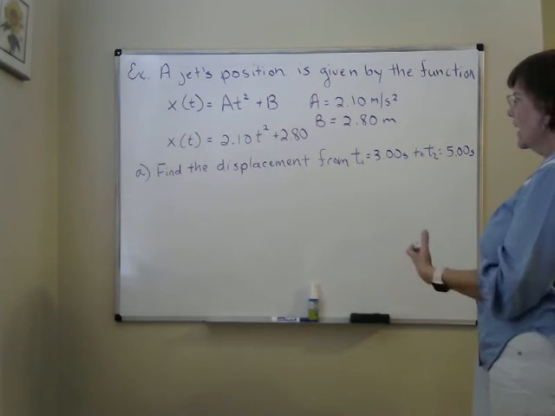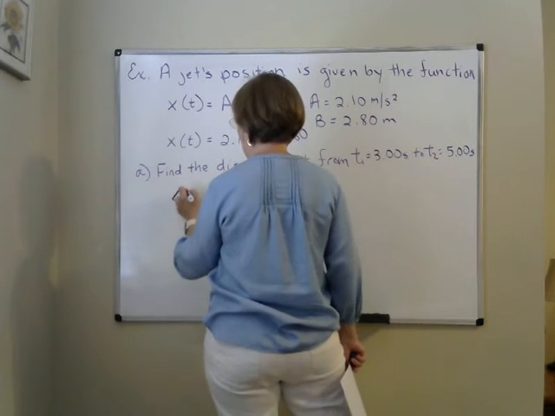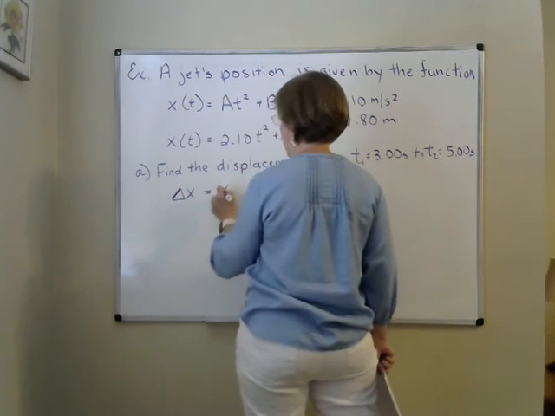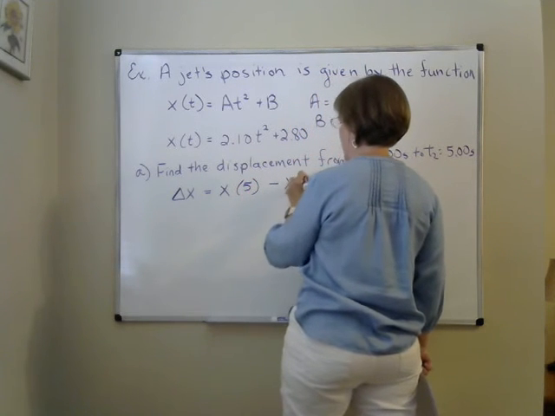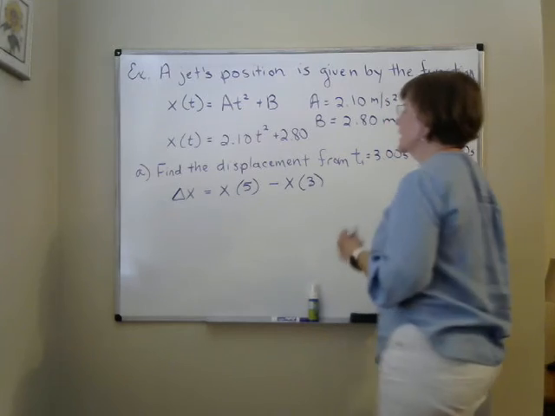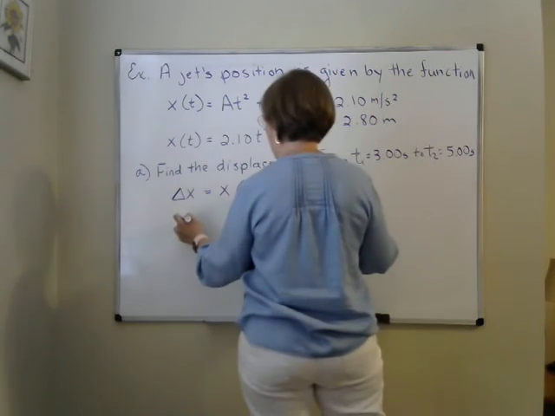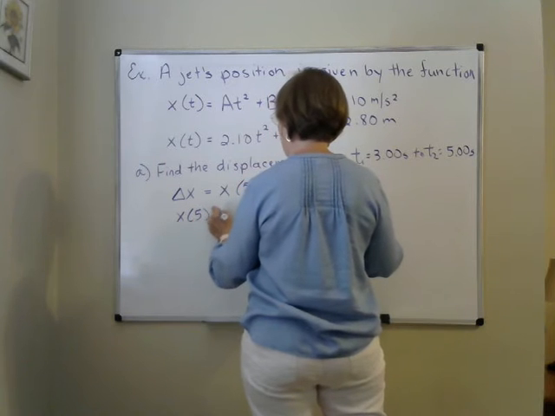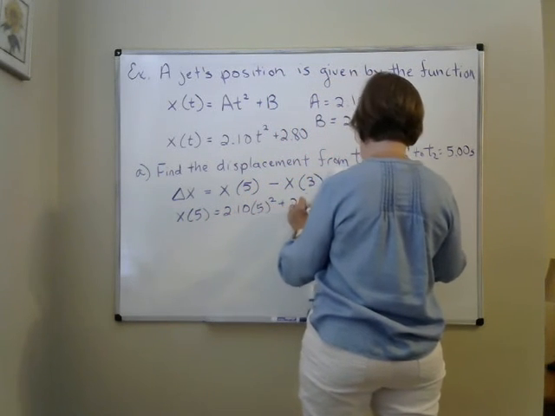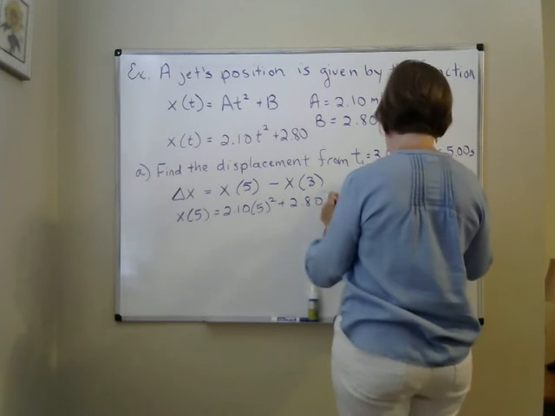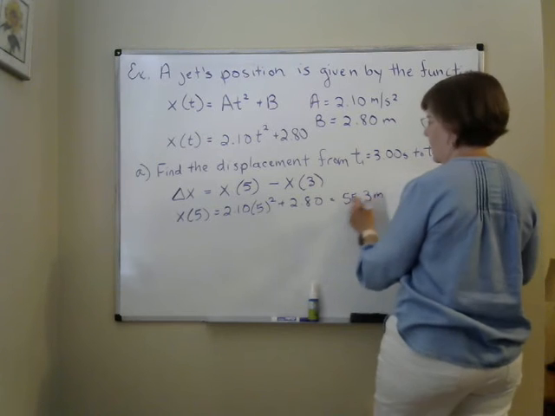Well, I know that displacement is just going to be change in position. So x of 5 minus x at 3. I just plug in the times. I'm going to have to calculate those out. X at 5 is 2.10 times 5 squared plus 2.80. Comes out to be 55.3 meters.